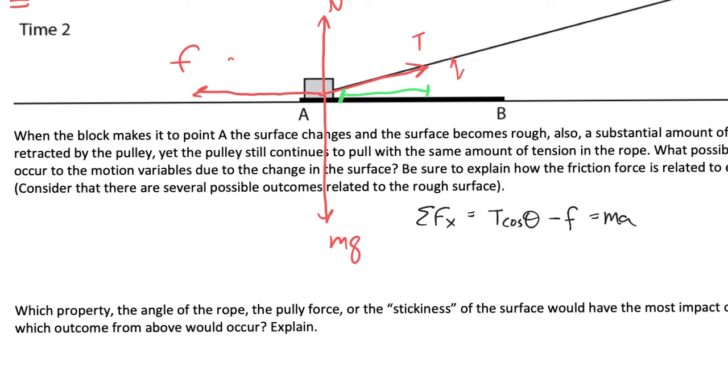So you would put a free body diagram there, you would wrap a triangle around the tension, and you would be able to figure out what the net force is. And I don't think it's too much to ask you to do this. Net force in the y direction is going to be normal plus T sine theta minus mg, and that has to equal 0.